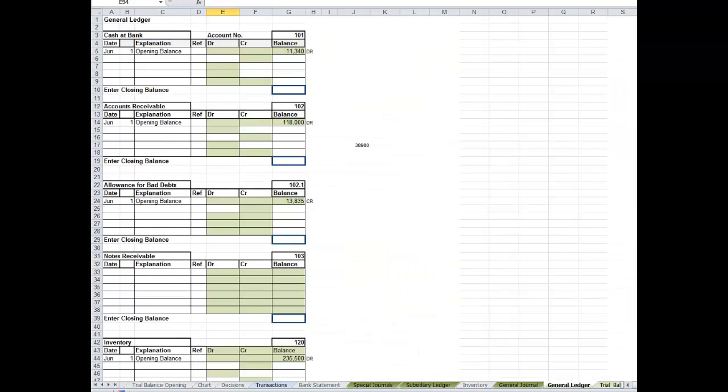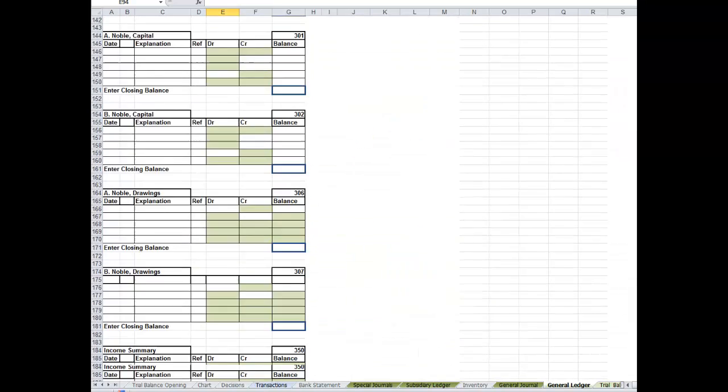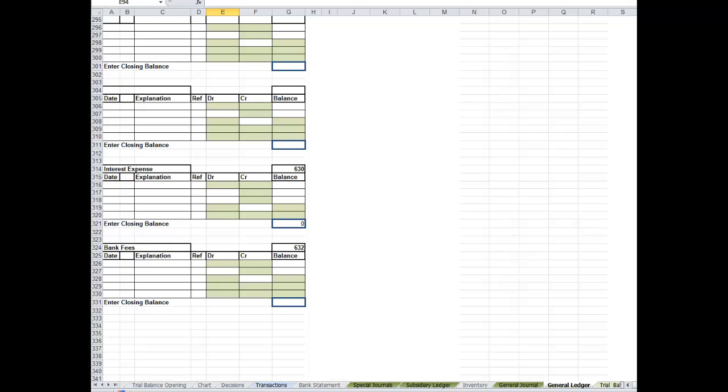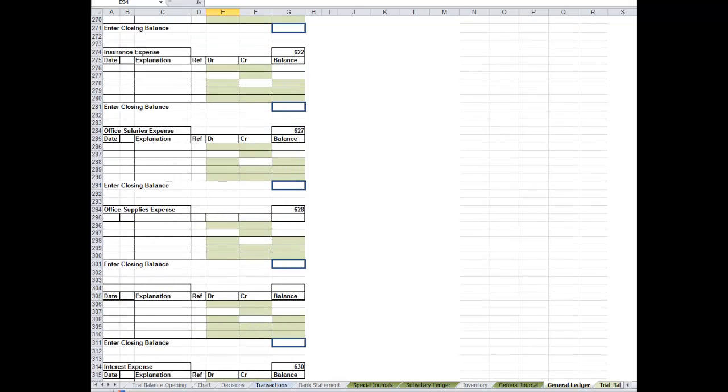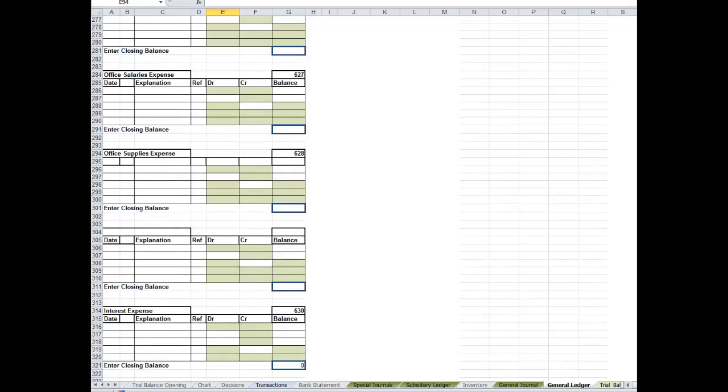So rent, it will be this one here, and I can put the opening balance in. Rent, account number, I guess it's going to be 629. I hope no opening balance.